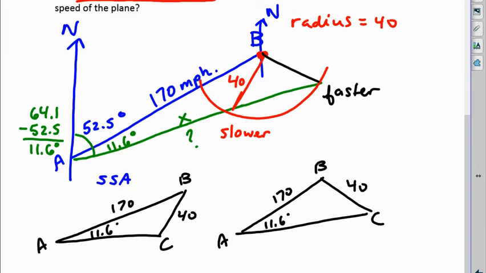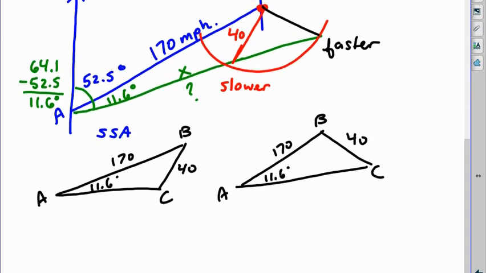So it looks like from law of sines, I can go for angle C. In both triangles, they look kind of like the same exact setup. So let's set it up. Sine of C over 170 will equal sine of A over 40.